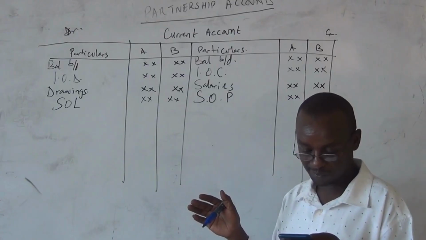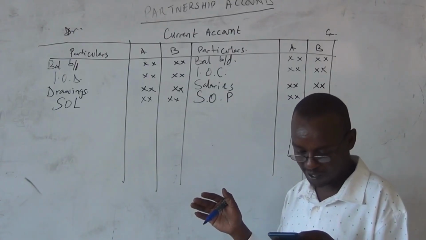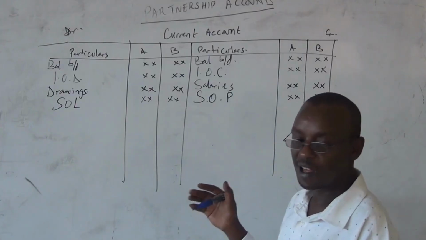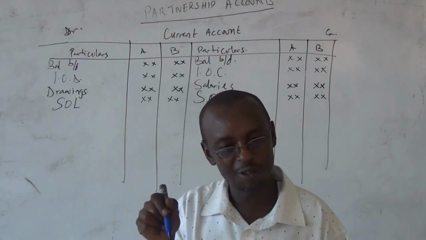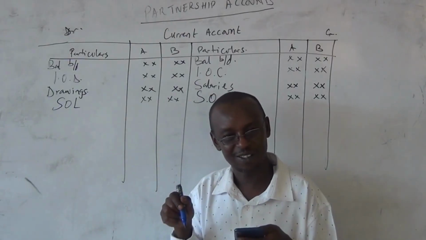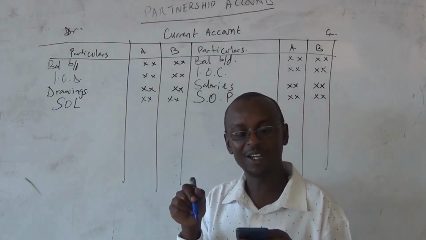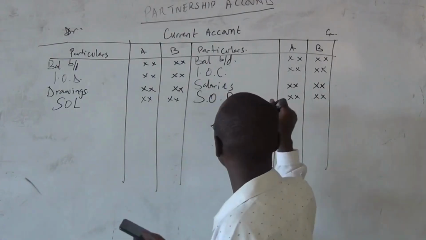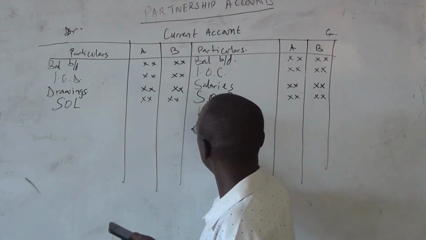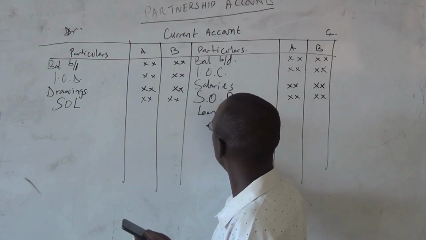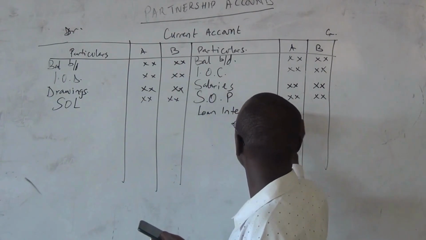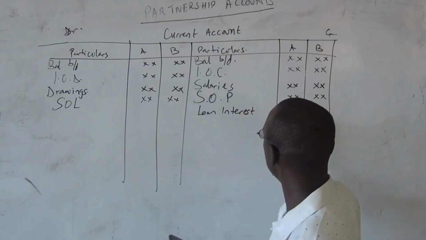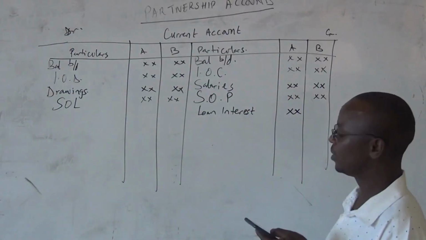Then there is loan interest. Sometimes the partners take a loan from the business, and that loan attracts interest. So you put it here, loan interest. Whoever has taken a loan and has paid interest, it has accrued, it is there.